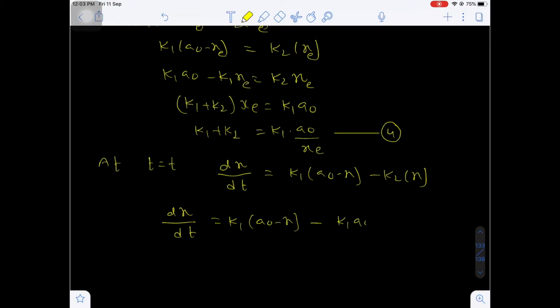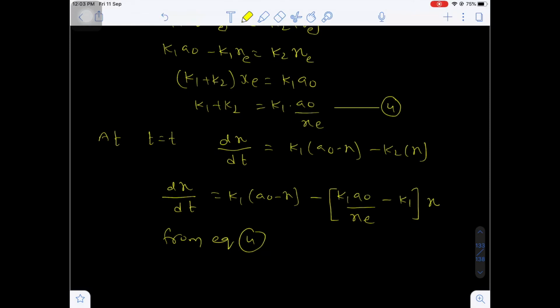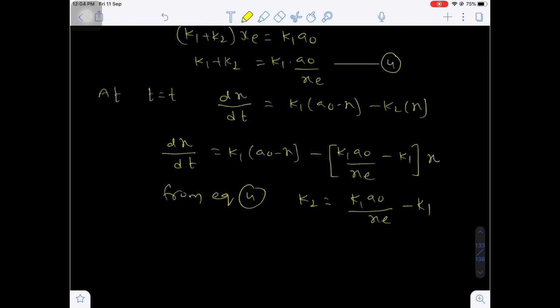From equation 4, what is the K2 value? K2 equals K1 A0 upon Xe minus K1. So in the above expression I am writing, instead of K2, K1 A0 by Xe minus K1.